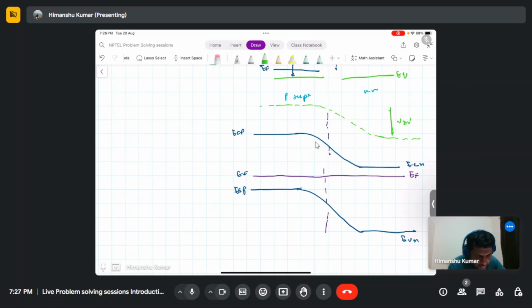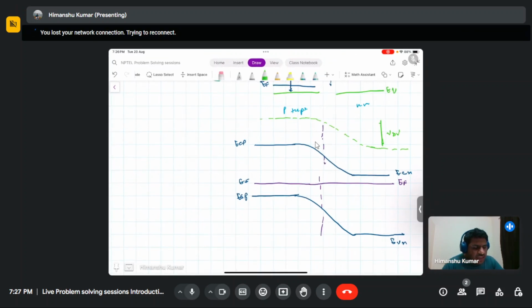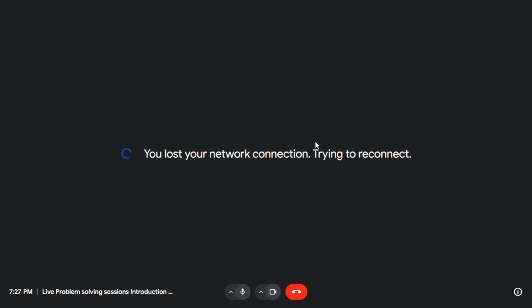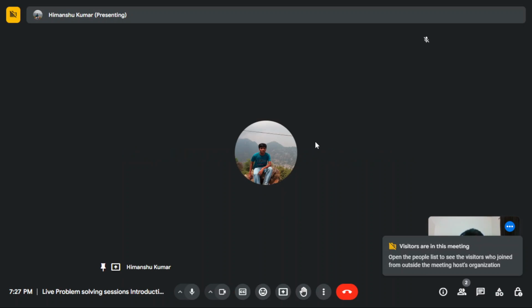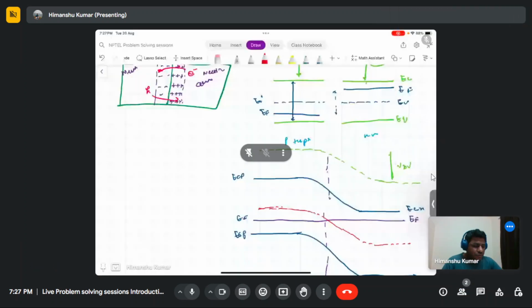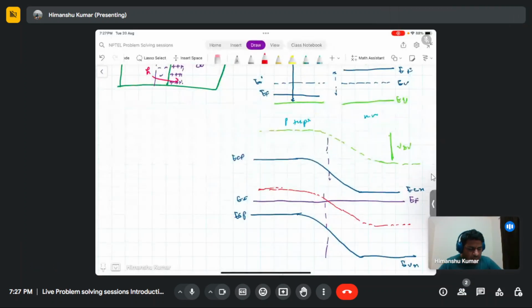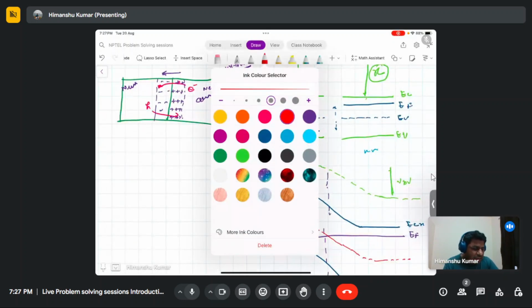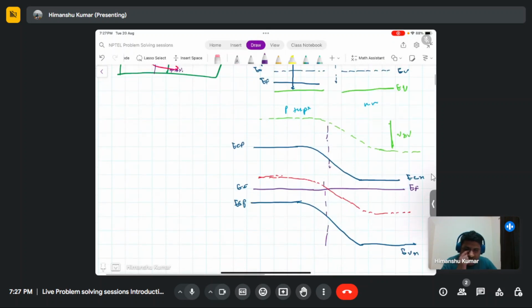Depending on the type of junction, type of material or type of doping, the charge in the depletion region will vary.